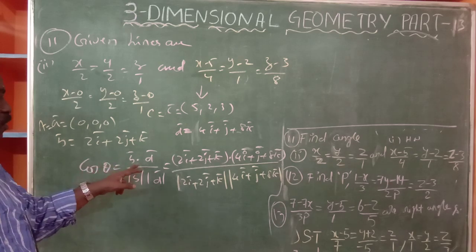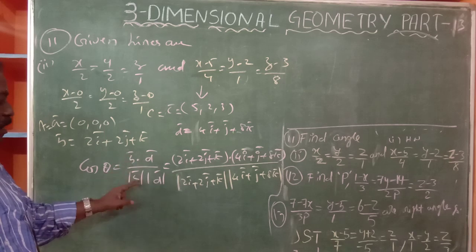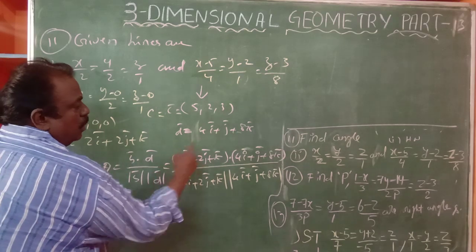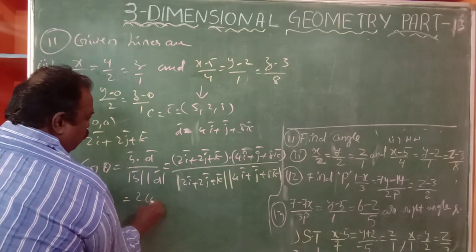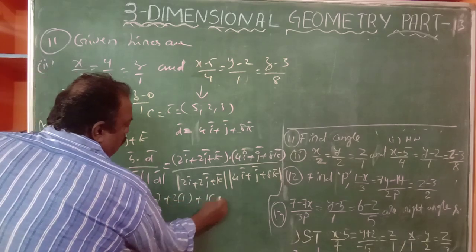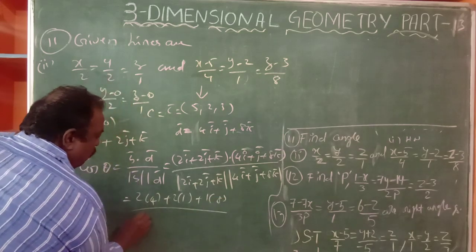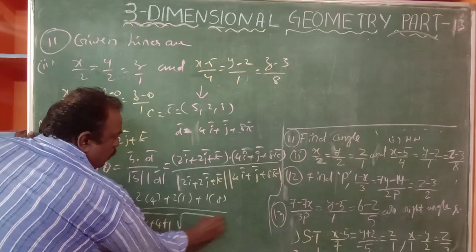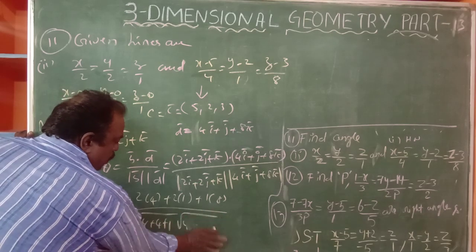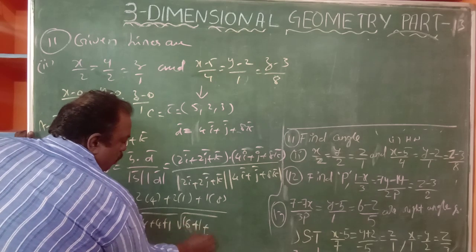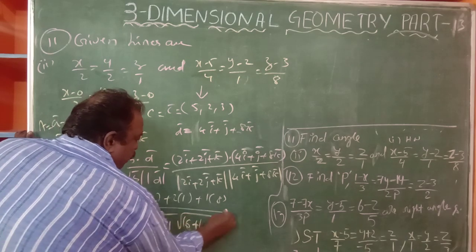So cos theta is equal to, by using the dot product concept, 2 into 4 plus 2 into 1 plus 1 into 8, by root 4 plus 4 plus 1, root 16 plus 1 plus 64.